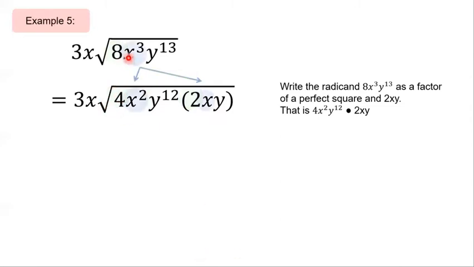Next natin, yung x naman. Yung factors ng x cubed ay x squared and x. Remember, kapag variable, yung highest exponent na pwede nating i-divide dito sa index. So, that is x squared. And then, yung factors naman ng ating y to the 13th ay y to the 12th and y.